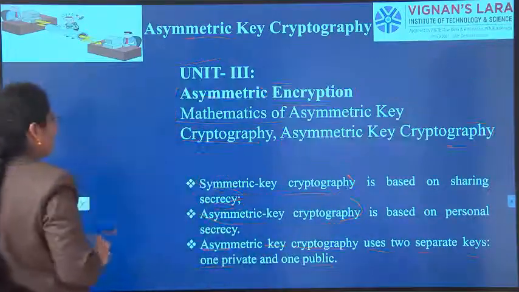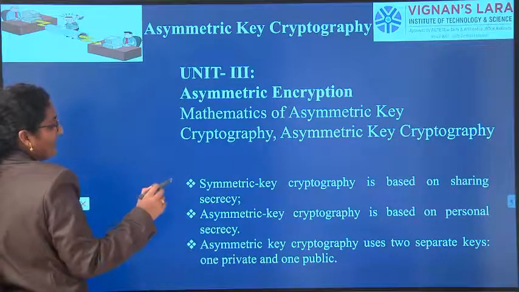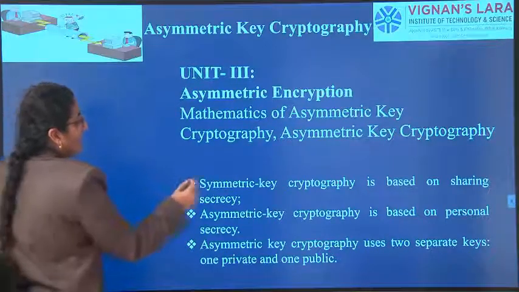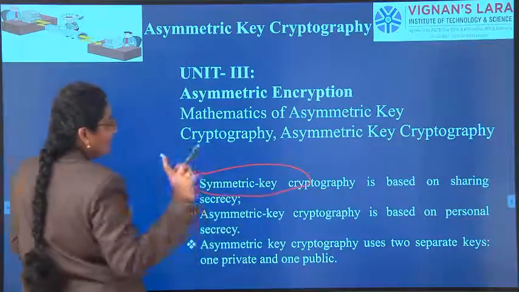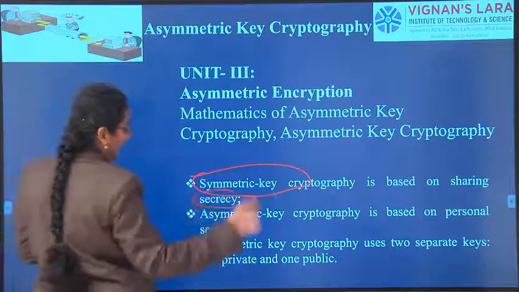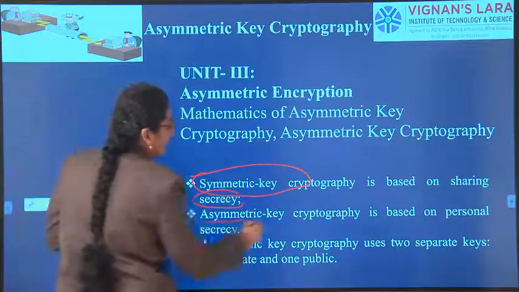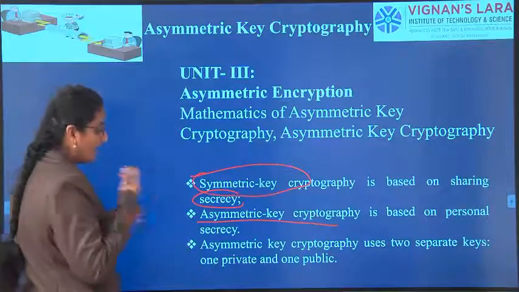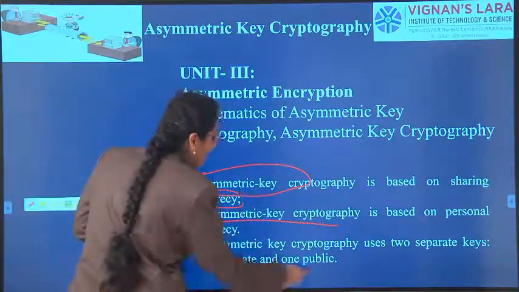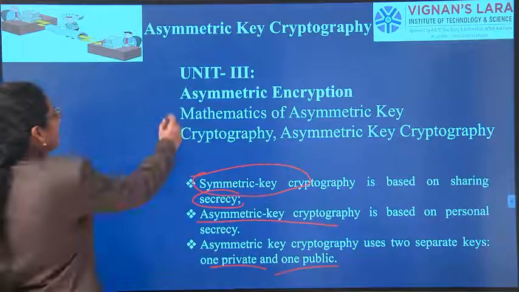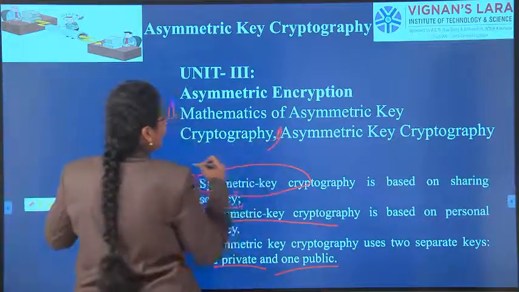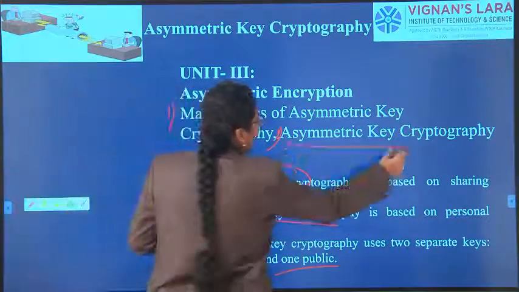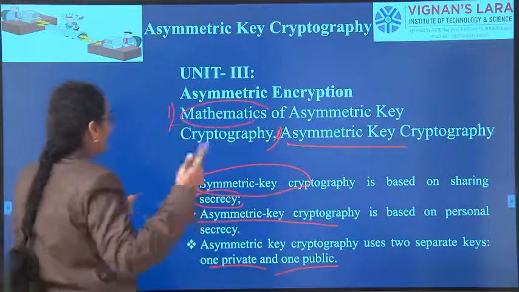So listen carefully: in symmetric key cryptography we use only one key, the secret key, while in asymmetric key cryptography we use two different keys, private key and public key. Two topics we have in this third unit; now we are discussing the second topic, and mathematics we will discuss again.